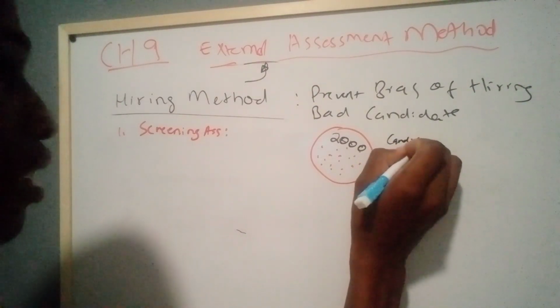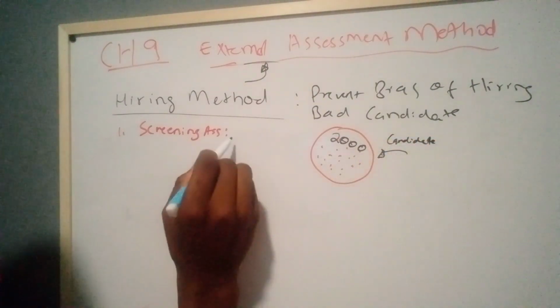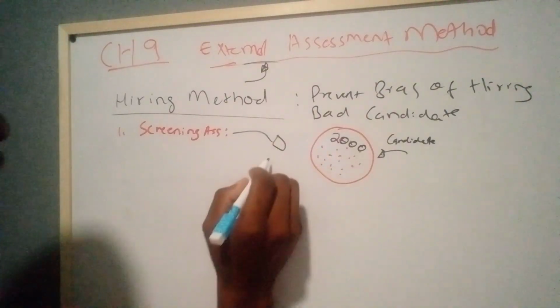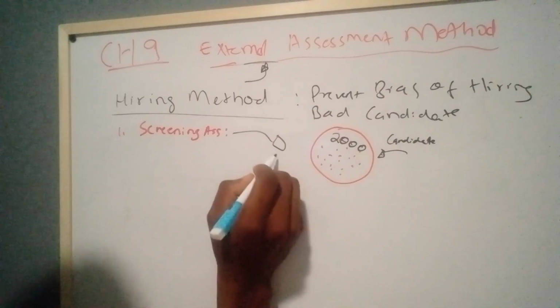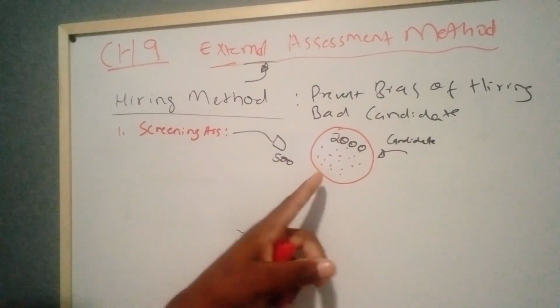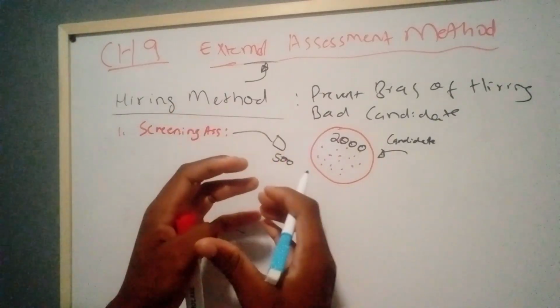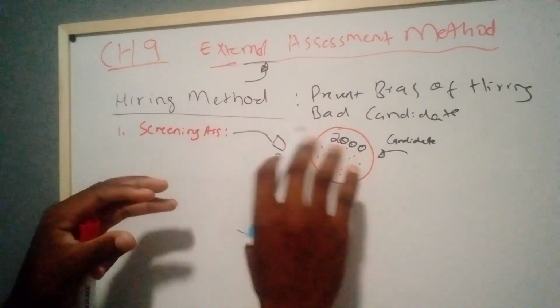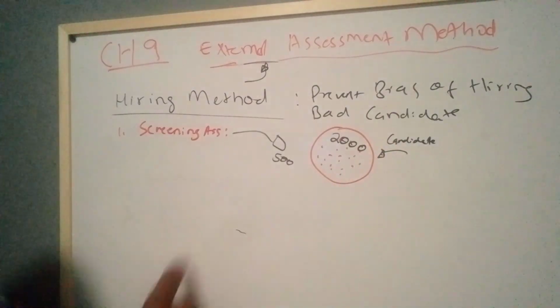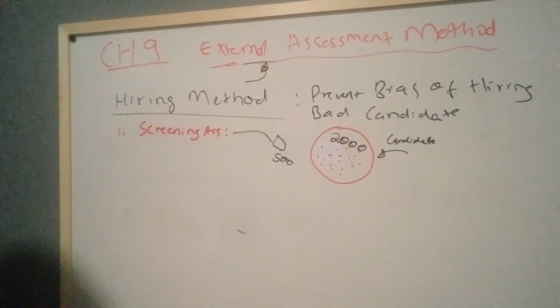So with this method, we are going to take maybe 500 people who applied for the job. That means they are making their population small and taking out those candidates who don't qualify for the job, right? That is the screening assessment method.